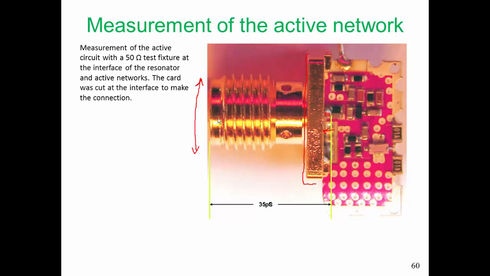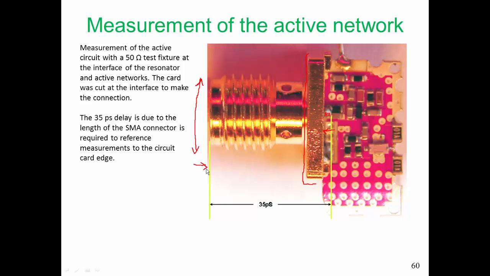And the SMA connector looks largely like a transmission line, but there are parasitic elements and there is loss as well. So we have determined that the length of this SMA connector corresponds to a transmission line that delays the signal by 35 picoseconds. So the round trip delay is, well, starting at this point, 35 picoseconds to the active network and then back 35 picoseconds.